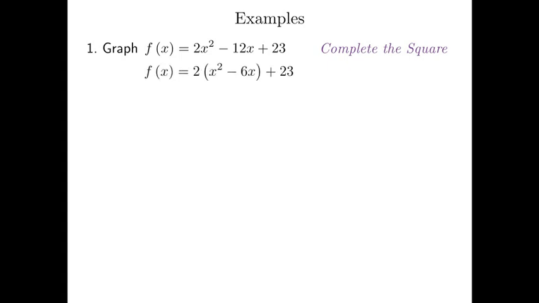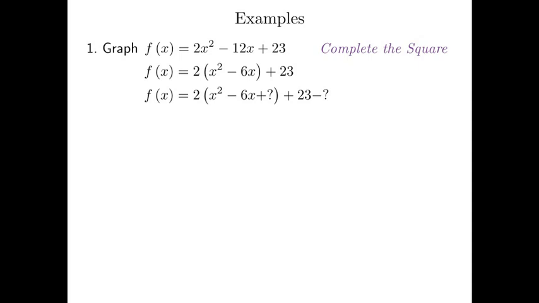So let's factor out a 2, and then we're ready to take the middle term, divide it by 2, square it, and add it. But we have to be careful when we add it on the inside. It'll be -6 divided by 2 is -3, squared is 9, but we're actually adding 18 because there's that 2 multiplied by everything in the parentheses. So we have to make sure we subtract 18, not 9, from the outside.